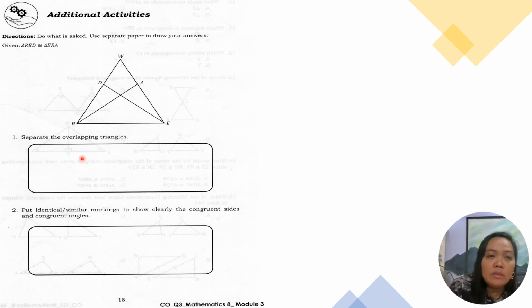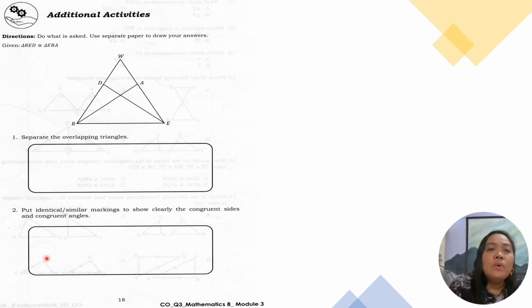Again, for number 2, you draw again the same overlapping triangles here in the number 2 table, but you have to write the identical or similar markings on the congruent sides as well as on the congruent angles.